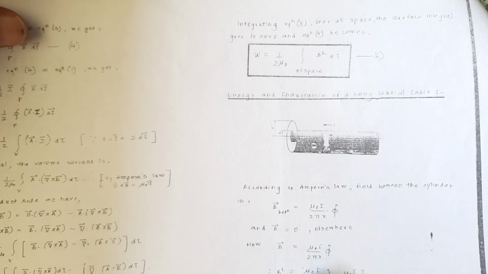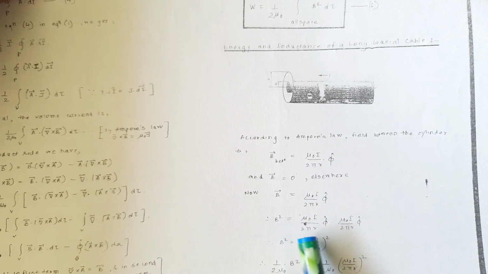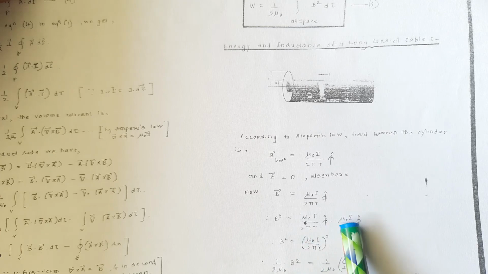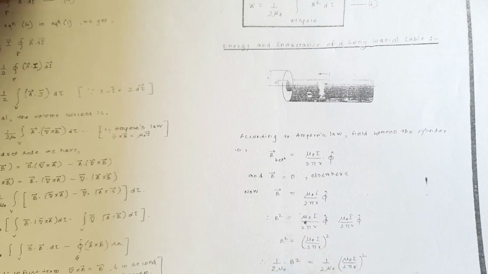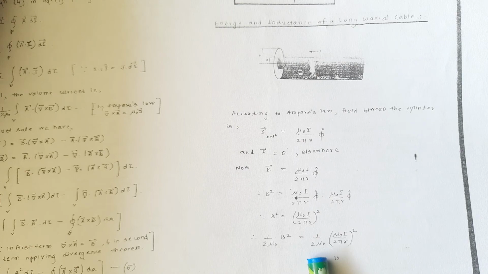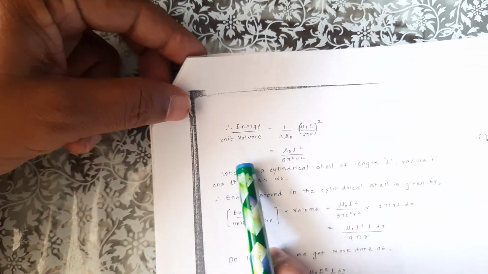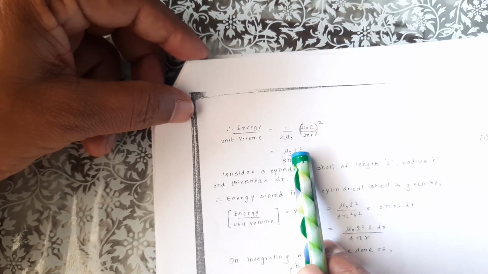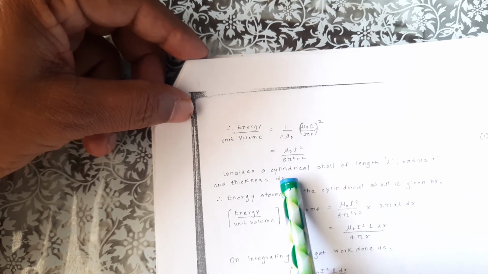Then B squared is (mu 0 I/(2 pi r)) squared. So the energy per unit volume is 1/(2 mu 0) times (mu 0 I/(2 pi r)) squared, which is mu 0 I^2/(8 pi^2 r^2).